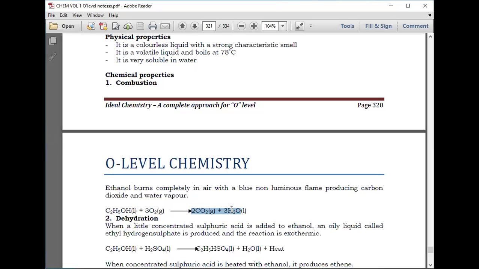And when oxygen becomes 4, you also need to balance hydrogen. On the left-hand side, hydrogen is 6. So you should put 3 here to make it 6. And when you put 3, oxygen becomes 4 plus 3, which is 7. And since this is already 1, you put 3 here to make 6 plus 1, which is 7.